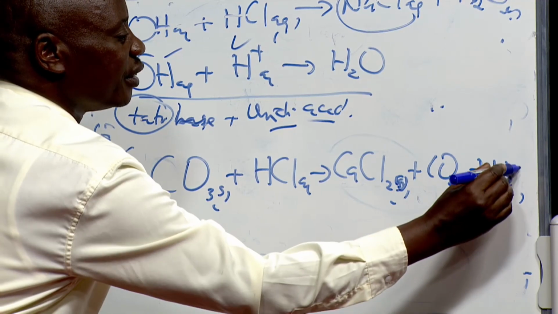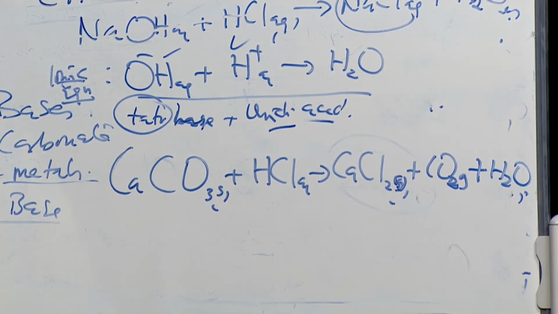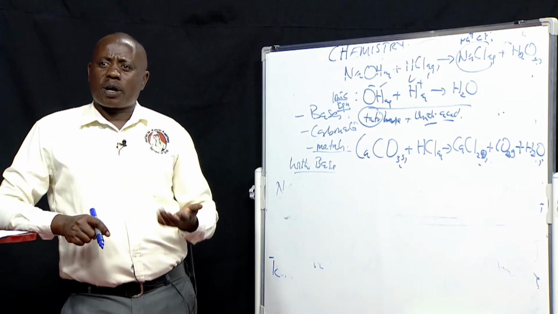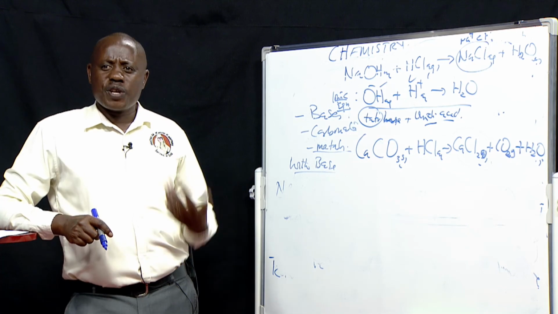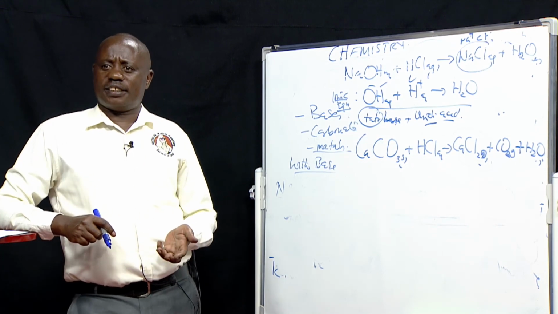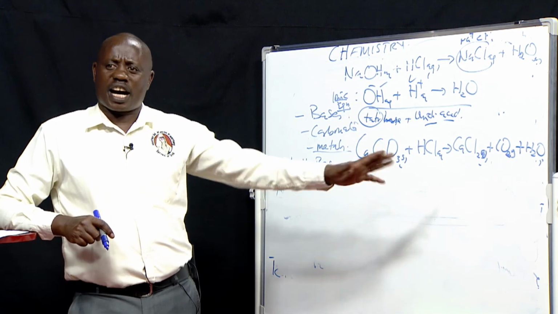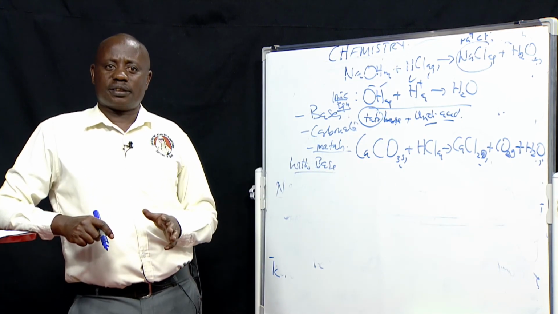So what does it mean? In general, any carbonate, you just pick it anywhere you come across it, and you react it with any acid. In this case, we are taking hydrochloric acid. You get salt, carbon dioxide, and water, no other product.